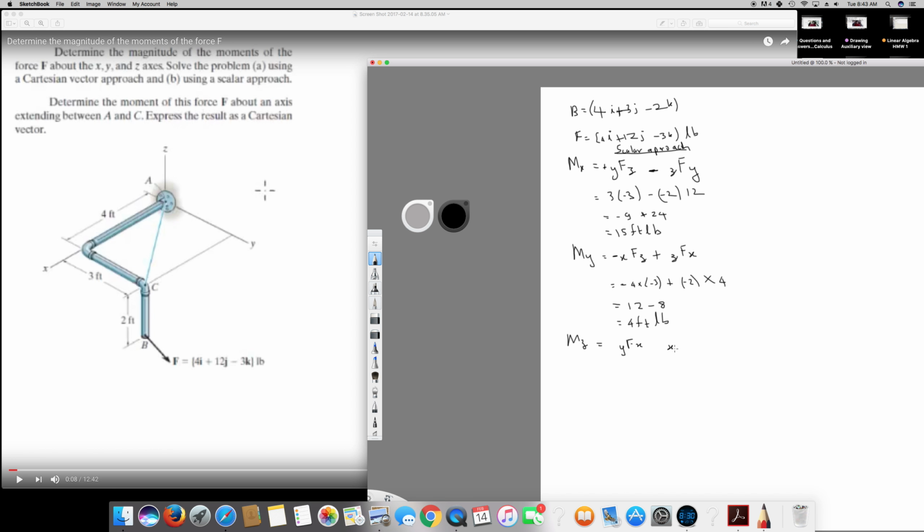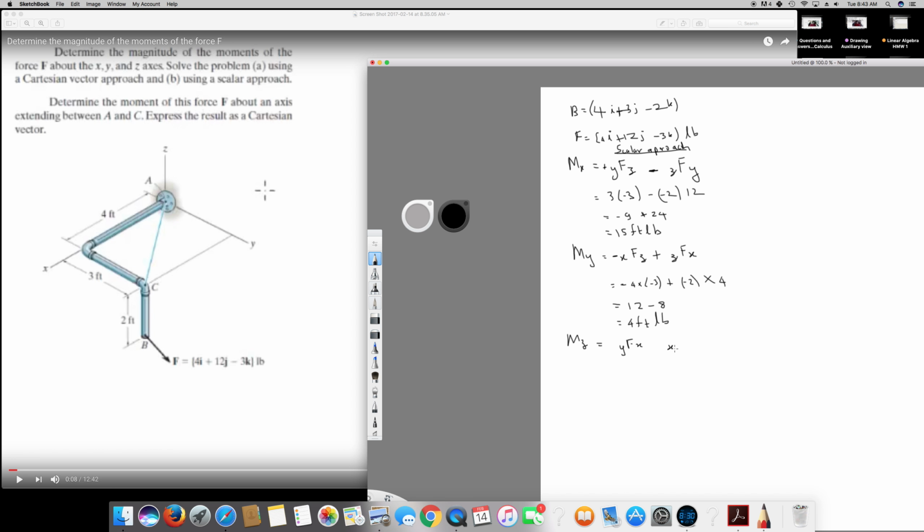So it's going to be like this, starting from here, here and here. This is 0 times this is 0, 0 times 0 is 0, and 1 times negative 2 is negative 2, negative 2 times 12 is negative 24, but this direction is negative, therefore negative negative 24 is positive 24.